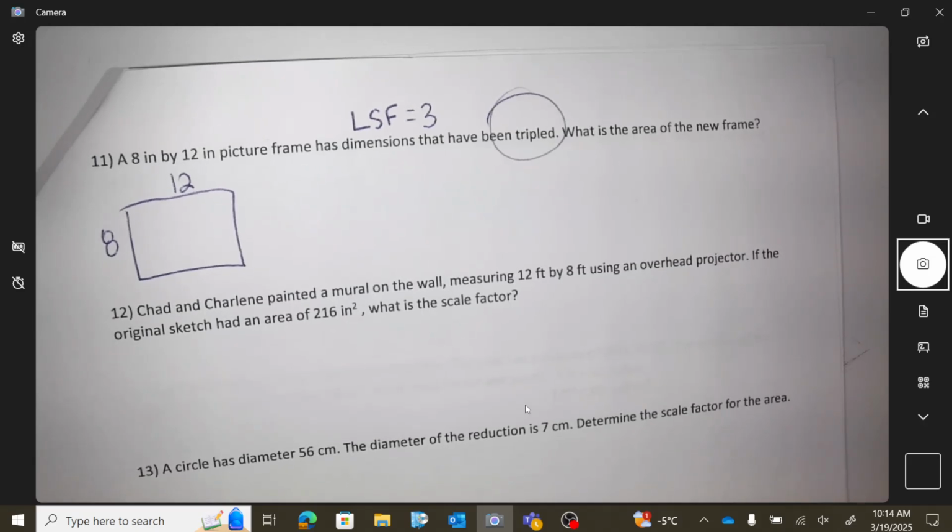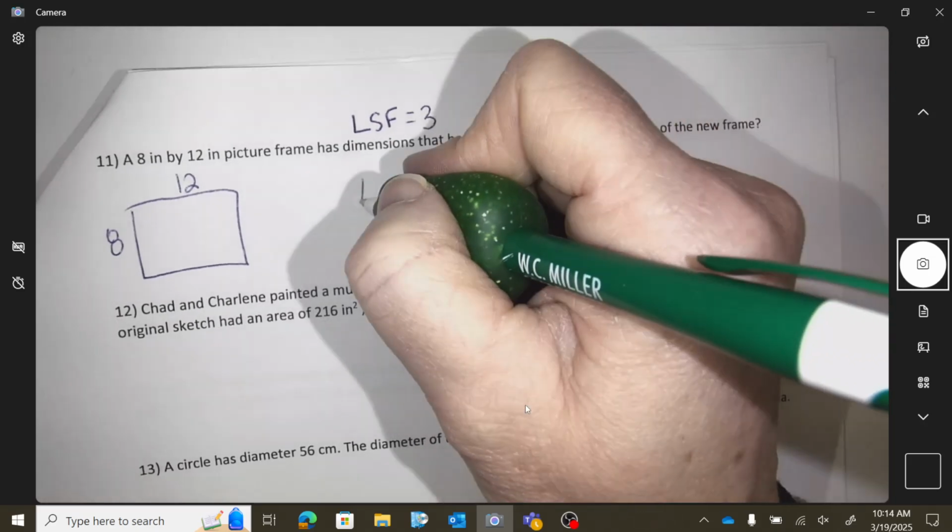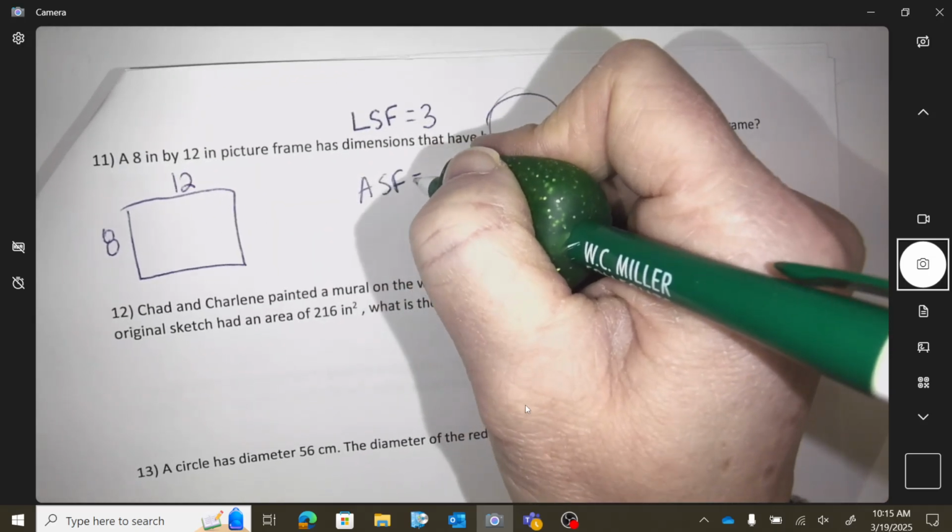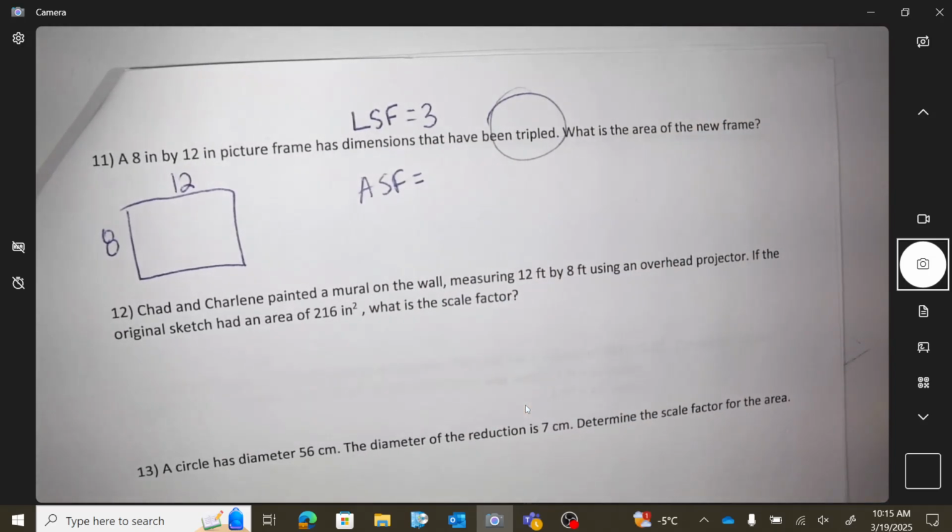How much bigger is my area going to be? So the side walls are going to turn 3 times bigger. My area is going to end up being, it's not 3 times bigger. What are you supposed to do?